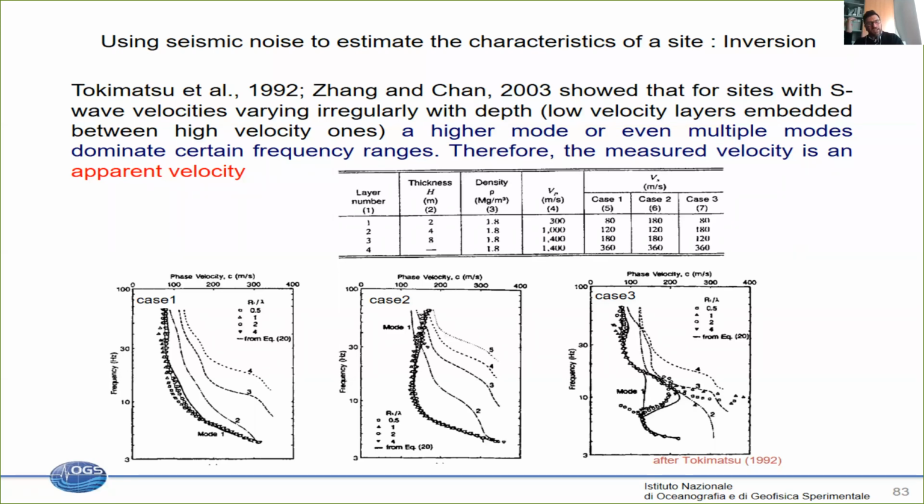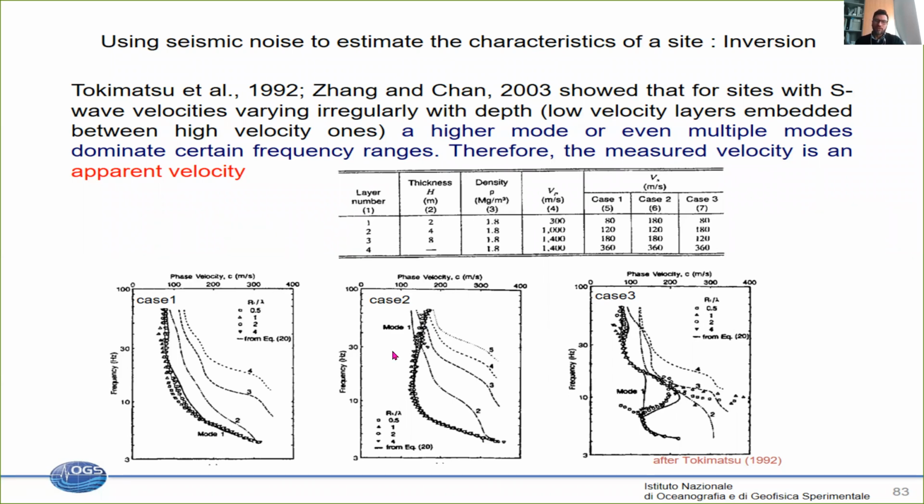So in good cases of active source, you can distinguish the modes very clearly. When you have inversion of velocities, the modes can play this game, let's say. They can give you an apparent dispersion curve, and this can be a little bit tricky if you don't deal with it correctly.